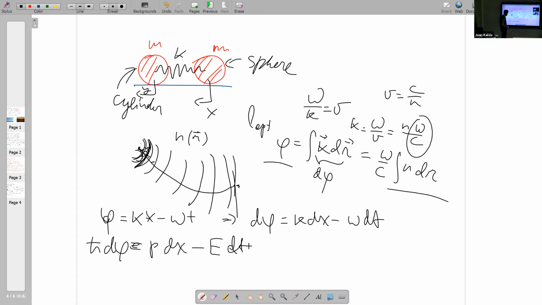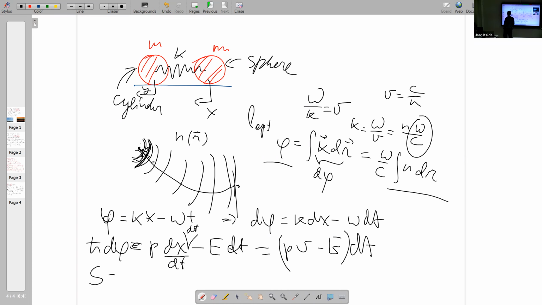And now let us divide and multiply this by dt and bring dt before the braces, then we obtain p times v minus e, dt. And so we introduce the total phase multiplied by h bar as what we call action.